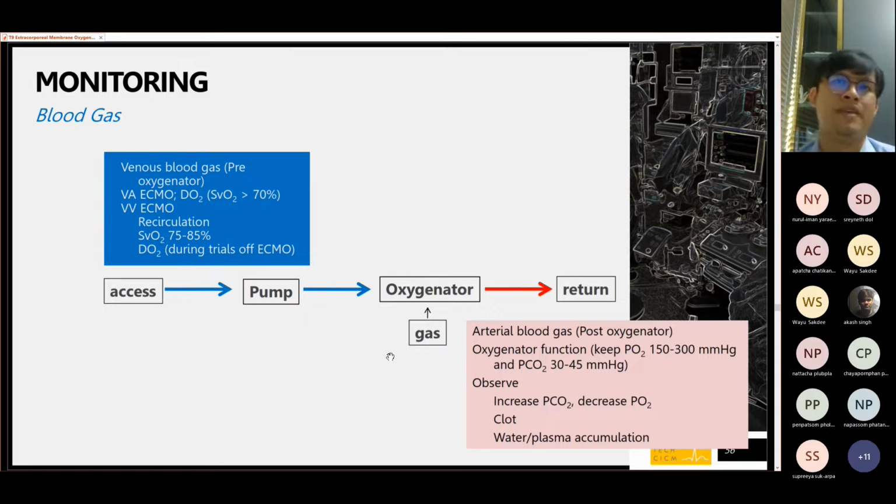Let's say we run for a long time, there is some water leaking out and more humidity in the oxygenator, which can cause water and plasma accumulation surrounding the oxygenator membrane. So we need to observe that.